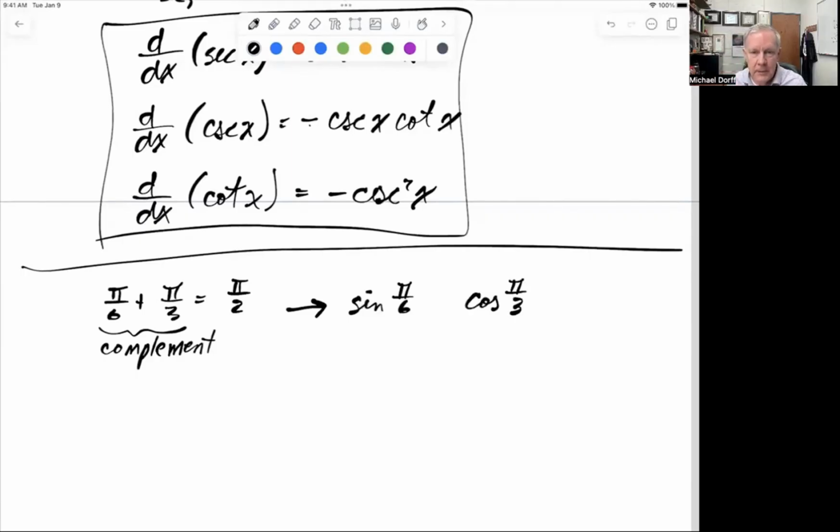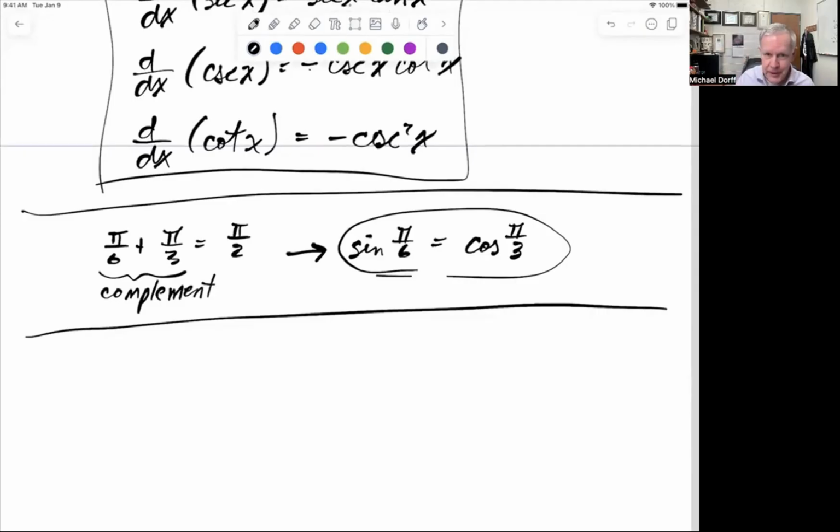So cosine is the complement there because it's got the co in front of it, and these are going to be equal. That works for anything: if you take a trig function and its co-part, and the two angles add up to pi over 2, then they're going to be equal to each other. Just like we have here, the sine of pi over 6 is going to equal the cosine of pi over 3, because one is the sine and the other is the cosine, and pi over 6 plus pi over 3 equals pi over 2.